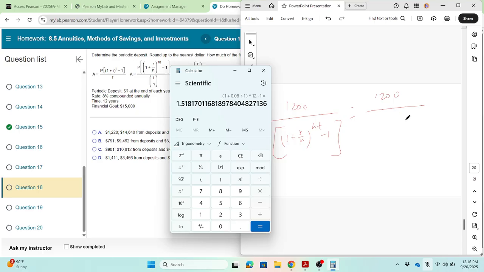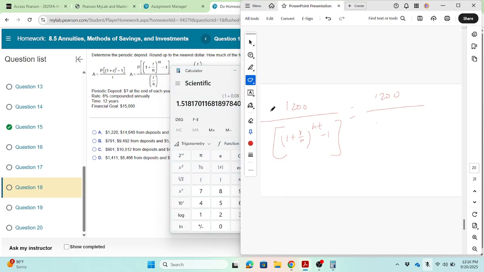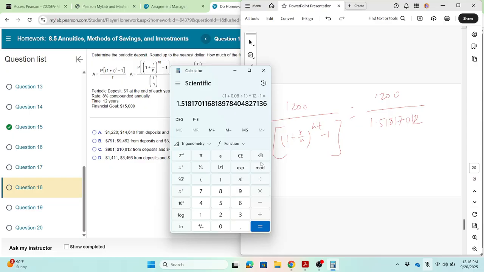So that is the number on the bottom part, 1.51817011. Okay, that's rounding. So now just type 1,200 and divide that by this number.